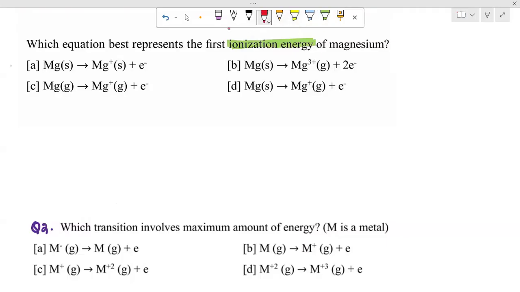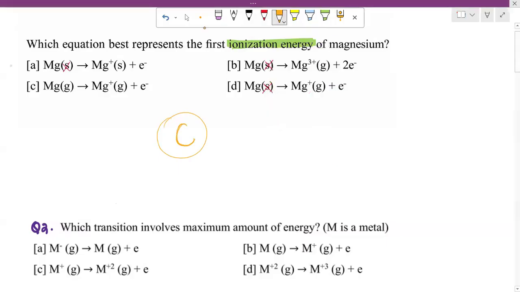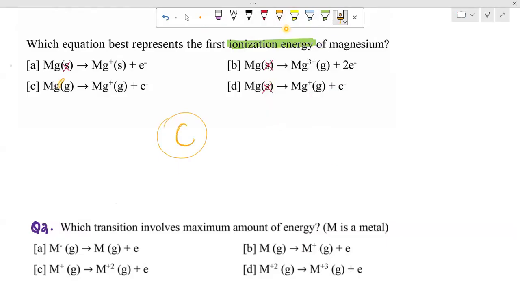Okay, so over here it is solid state, so this is wrong. Here also solid, wrong. Here also solid, wrong. So option C is the correct answer. Why? Because you have a gaseous state of species from which one electron is removed. So ionization energy is defined as the energy required to remove an electron from isolated gaseous atom.